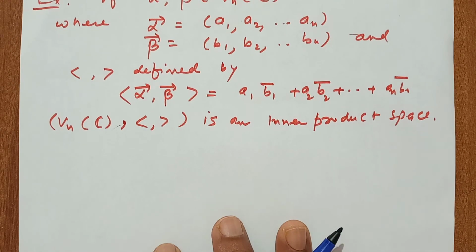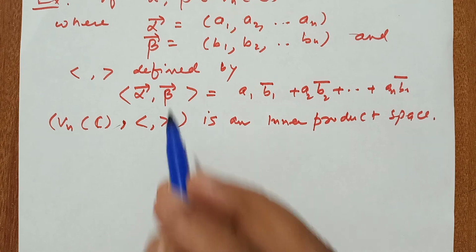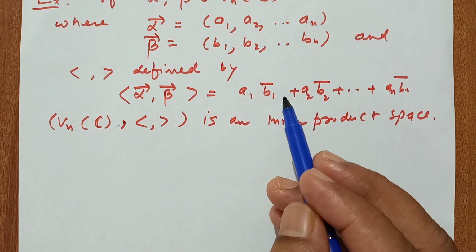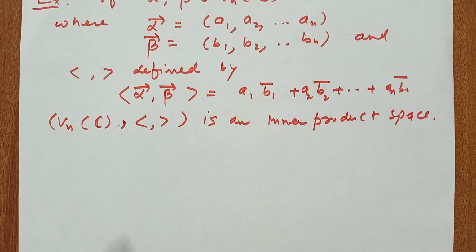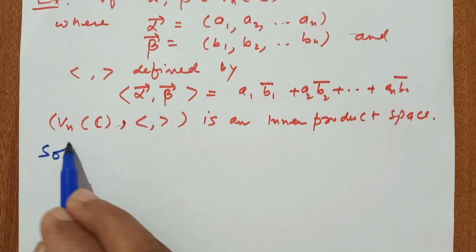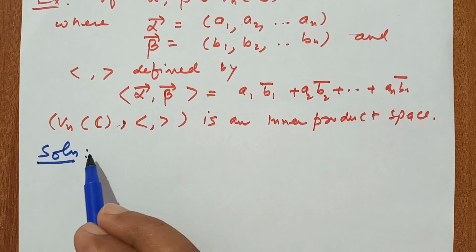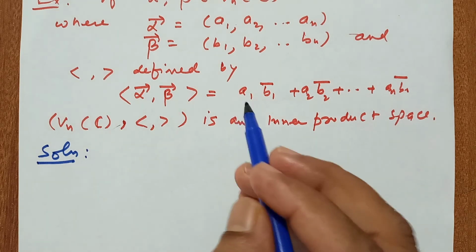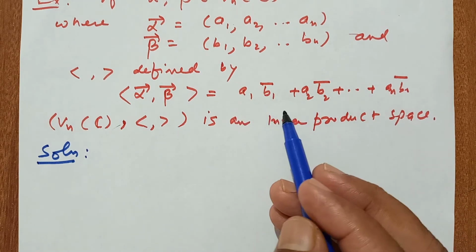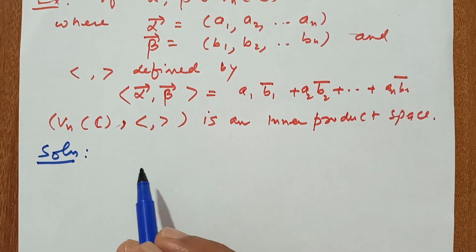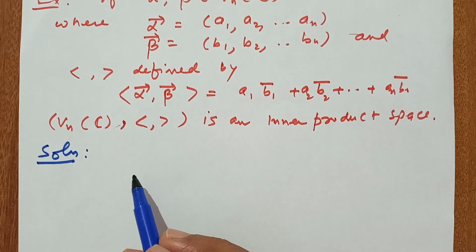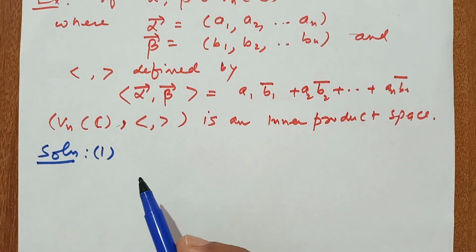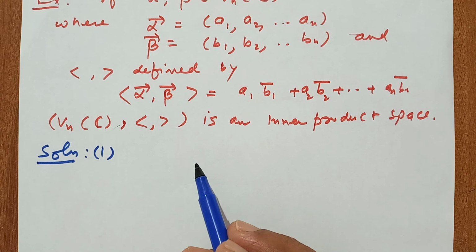As we know, if a given function is an inner product, then we have to prove three conditions are satisfied. Now I want to explain the three conditions: first is positive definiteness, second is conjugate symmetry, third is linearity.